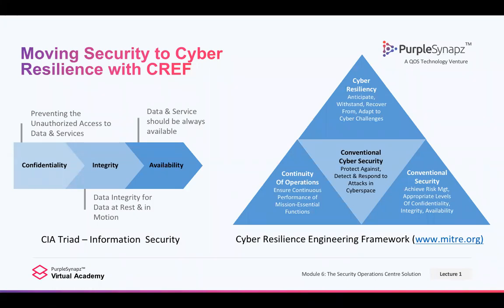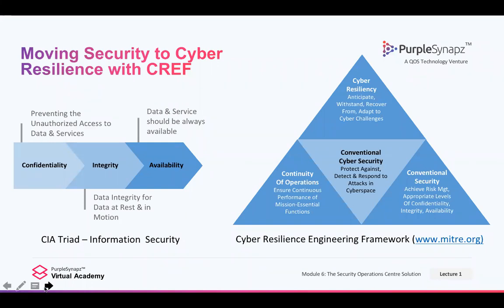I solicit you to read about this in your leisure time, because this entire 65-page document, available in the public domain from mitre.org on the cyber resiliency engineering framework, explains each one of these elements in much more minute and granular detail.